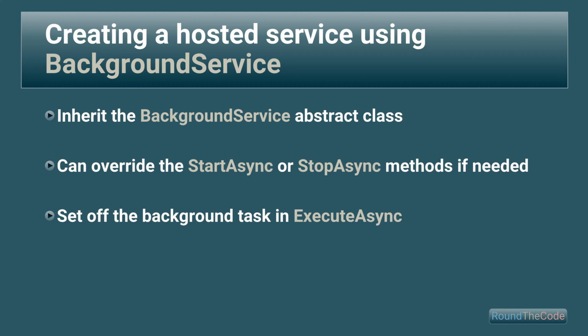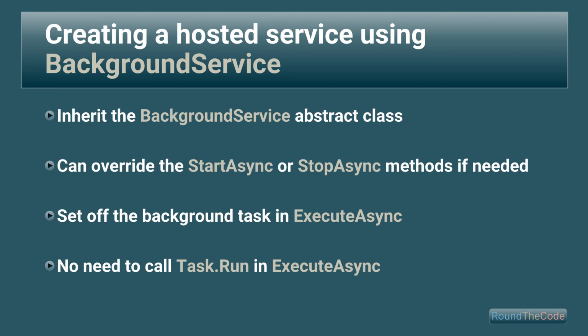As it's an abstract method, we have to override it into our background service. And unlike running a task in StartAsync, we don't have to run a separate task and risk the application not starting. We can make the ExecuteAsync task asynchronous by using the async modifier and run our task within it. Let's take a look at these in action.